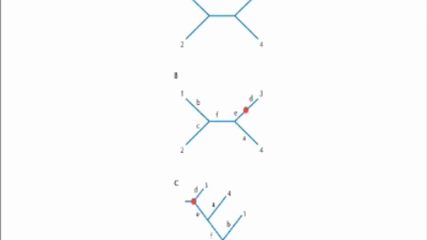If you have 4 organisms and data from those 4 organisms, and you want to draw an evolutionary tree that shows how related they are to each other, the methods that we use to infer evolutionary trees can't figure out where the root is in the tree. What they do is infer what are called unrooted trees.